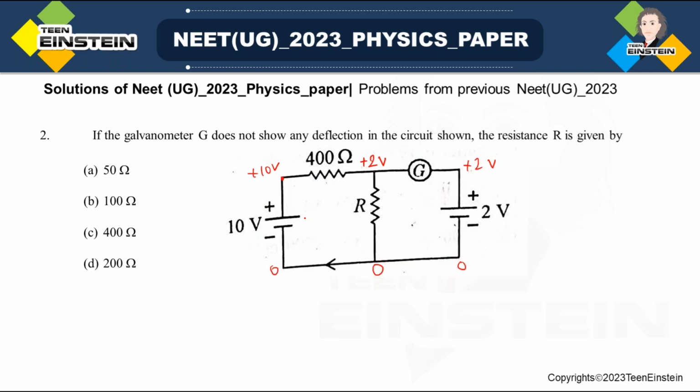So this is the thing. Now we have to find out the value of the resistance. Since there is no current flowing in this way, the current will be flowing through this way. Okay, so that's what we can see now. Look here, resistance is this resistance, this is another resistance.